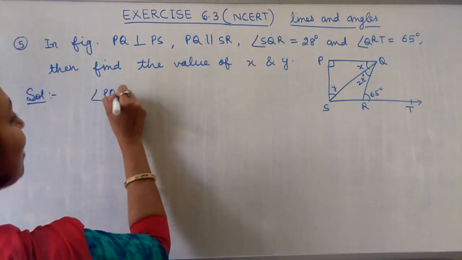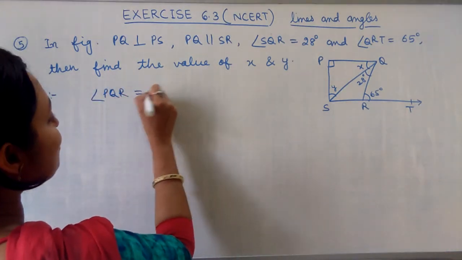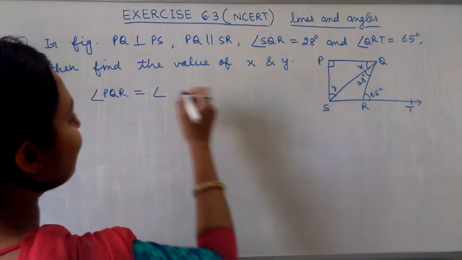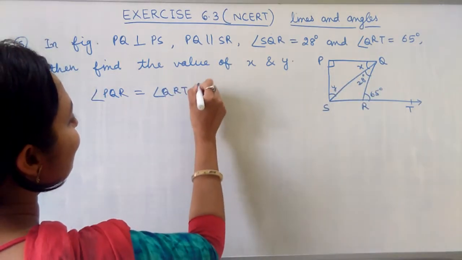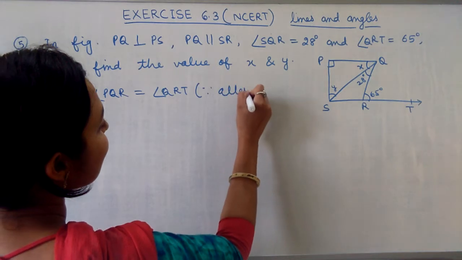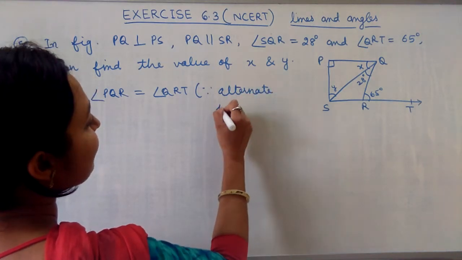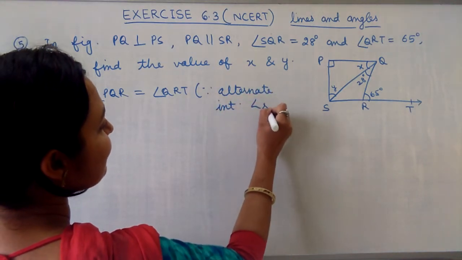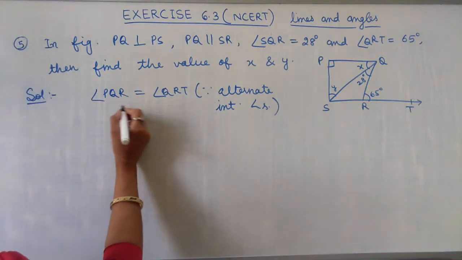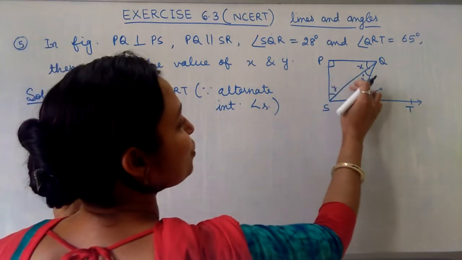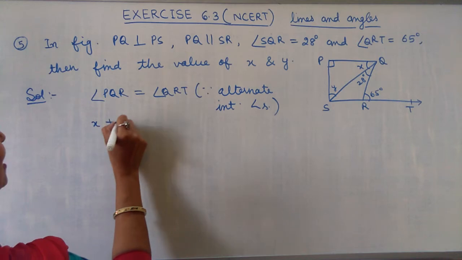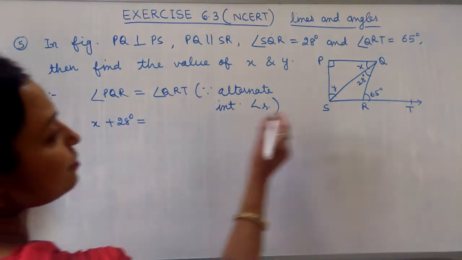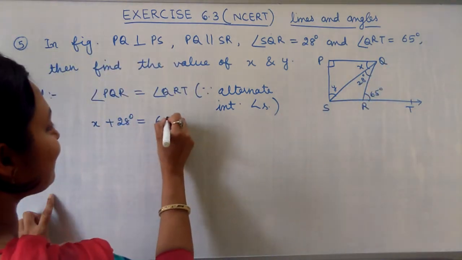Angle PQR is equal to angle QRT because they are alternate interior angles, right? Angle PQR is the combination of these two, so x plus 28 degrees is equal to QRT, that is 65 degrees.